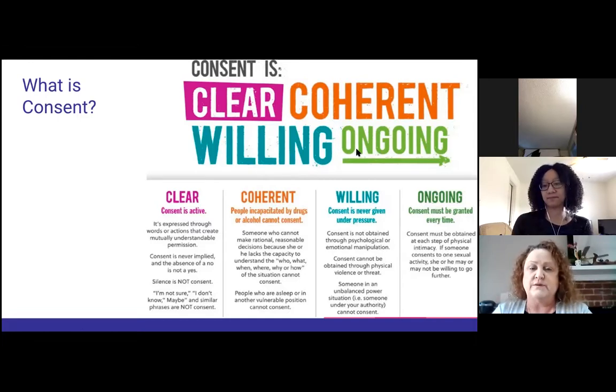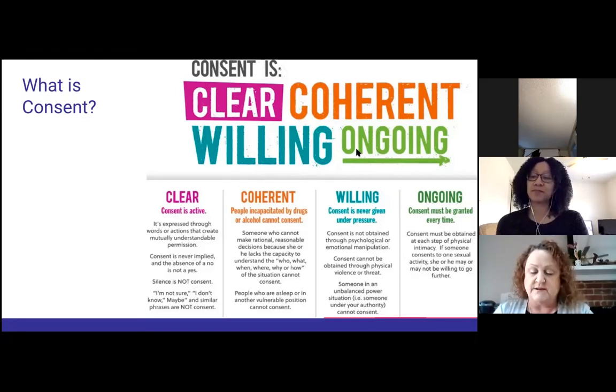Also, in a situation, it has to be ongoing. So what happened earlier, when you consented to one thing, doesn't necessarily mean that you are consenting later on. So it has to be an ongoing, open conversation and understanding between the parties, that it is not just a one-time consent that gives you a free rein.